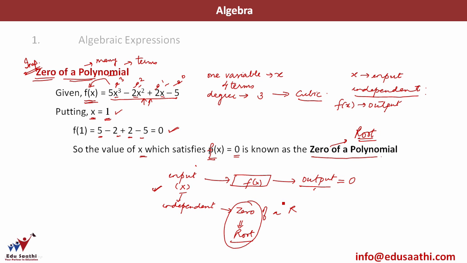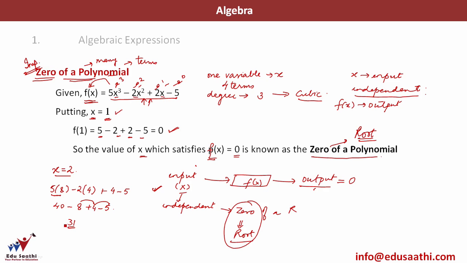Now, for other values of x, let me take x is equal to 2. If I put in the expression, it will be 5 into 8 minus 2 into 4 plus 2 into 2, which is 4, minus 5. If I solve this out, this is 40 minus 8 plus 4 minus 5, which is minus 9.